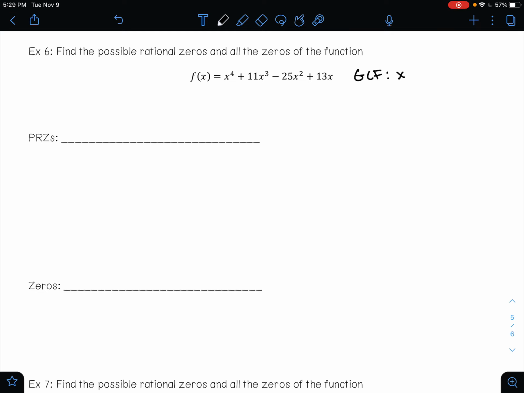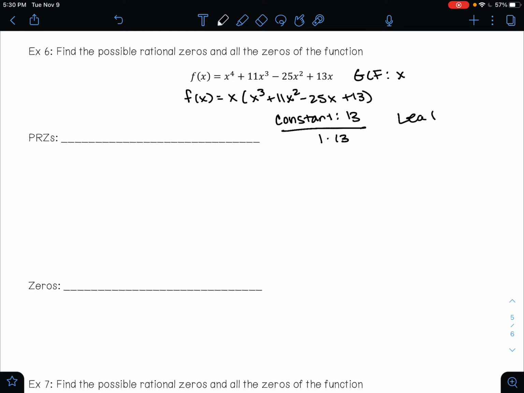So I'm going to have f of x equals x times x cubed plus 11x squared minus 25x plus 13. Now I can do my constant divided by my leading. Here, my constant is 13. Factors of 13 are 1 and 13. My leading coefficient is 1. Factors of 1 are 1. So my possible rational zeros are plus or minus 1 and plus or minus 13.